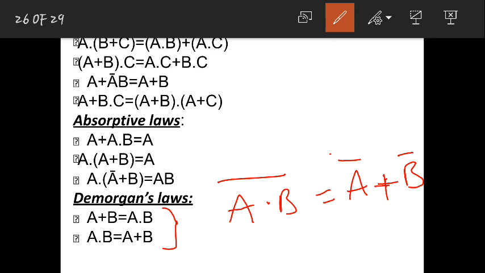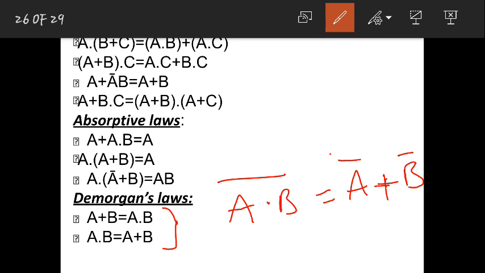So if you want to define this, you can easily say that the whole complement of A and B is equal to the individual complement of A or individual complement of B. In this way you can say it.